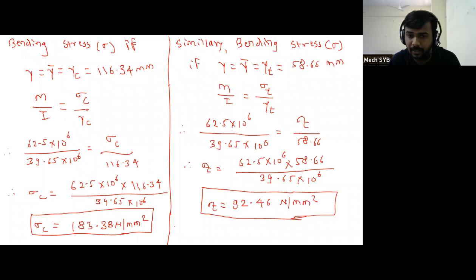So write down below that. Maximum bending stress, in bracket sigma, is equal to sigma c is equal to 183.38 Newton per mm square. Nature is compression. Write down compression in nature, in brackets. Sir, the screen is not visible.